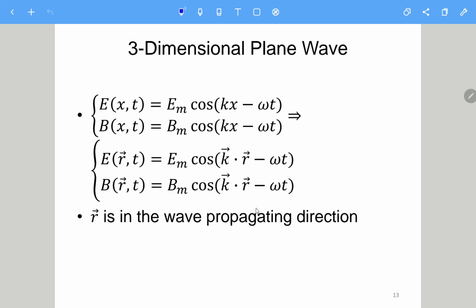In one dimension, the dot product is nothing but a multiplication, because they are parallel to each other. Okay, so r is the position vector, and k is the wave number vector, which gives the wave propagating direction.